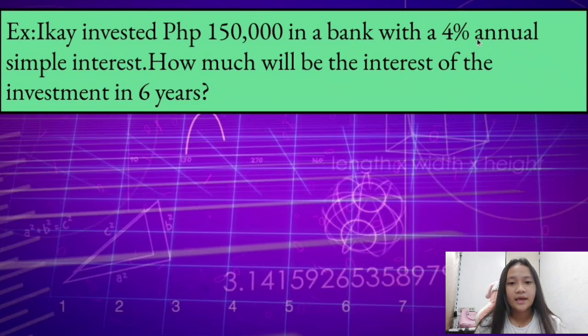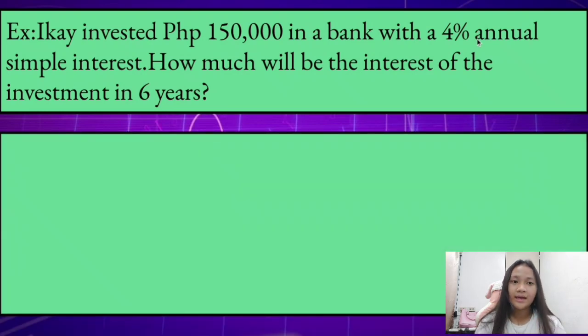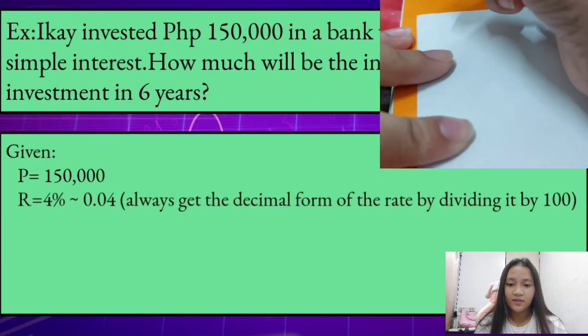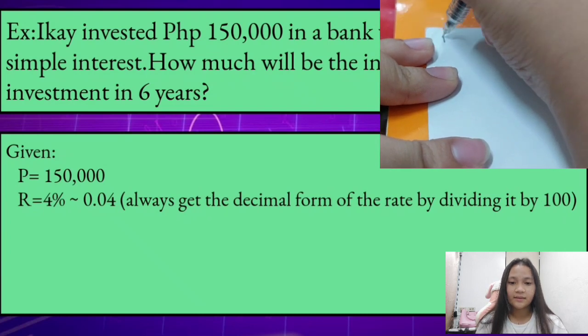Example: Ika invested 150,000 in a bank with a 4% annual simple interest. How much will be the interest of the investment in 6 years? The given is P is 150,000 and R is 4%.